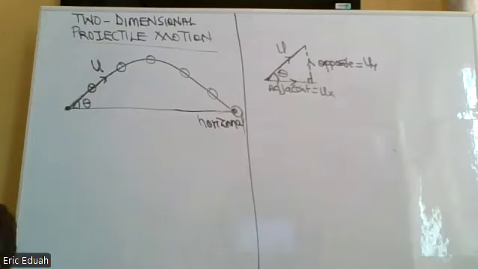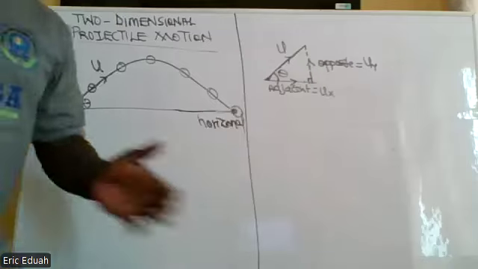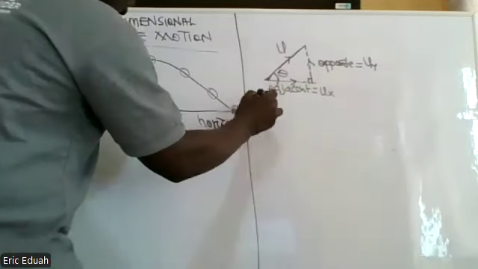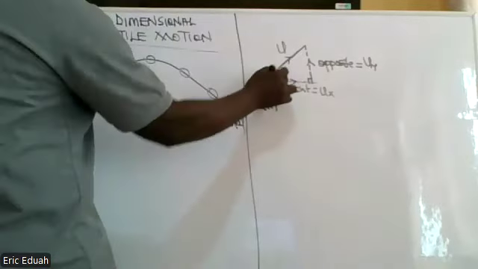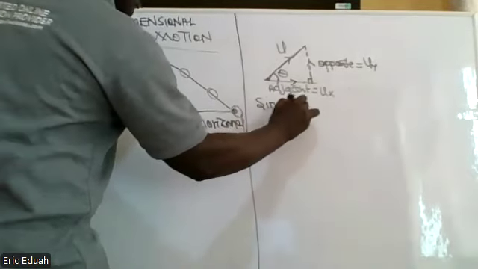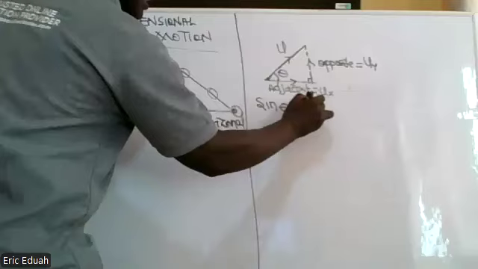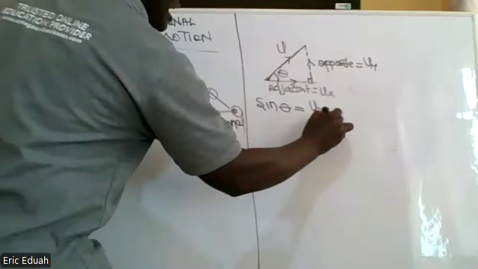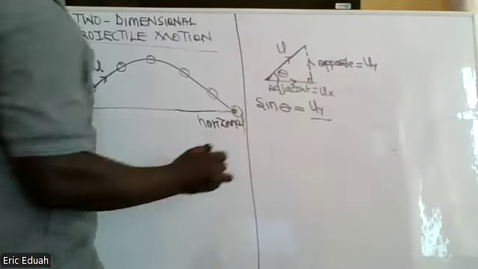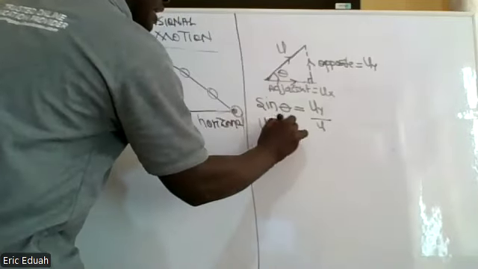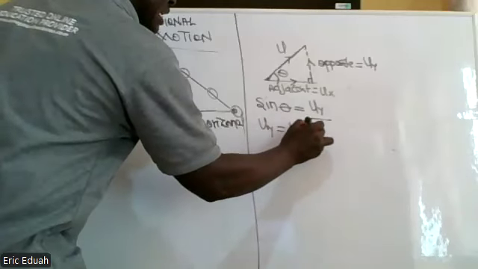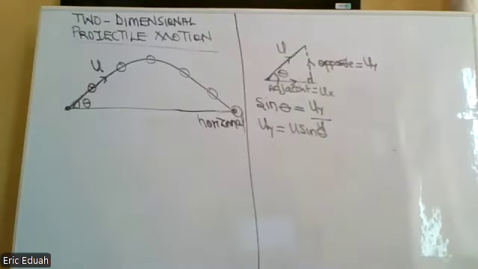For the opposite, it will be u sin theta. Exactly. So when you use sine of the angle theta, which is the opposite uy divided by the hypotenuse u, therefore uy is u sin theta.